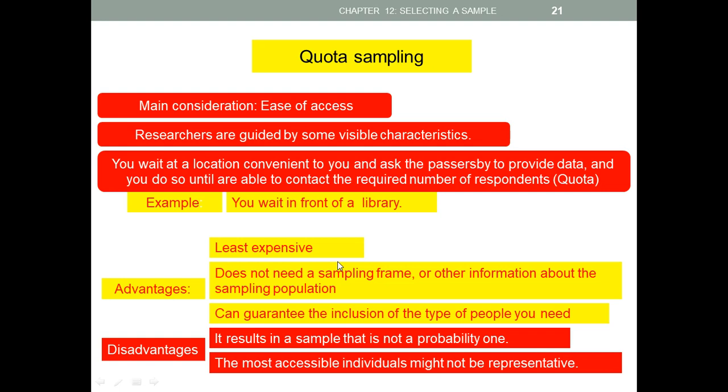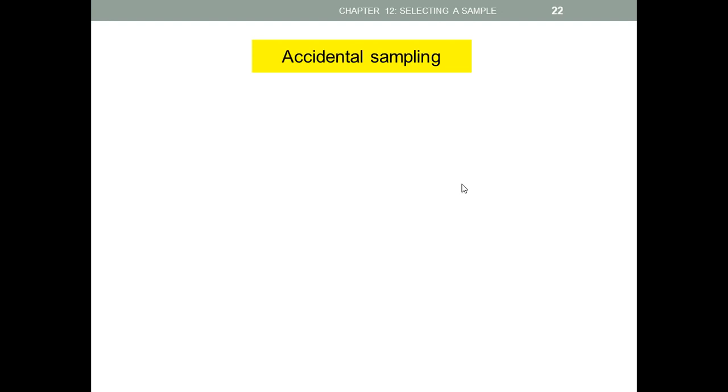Another disadvantage is this: the people that you can access so easily may not be representative of those who do not show up, who do not happen to be there on the day, at the time, or where you collect the information. So we need to be well aware of the disadvantages of quota sampling also in order to conduct good research. Okay, class, let's move on to accidental sampling.